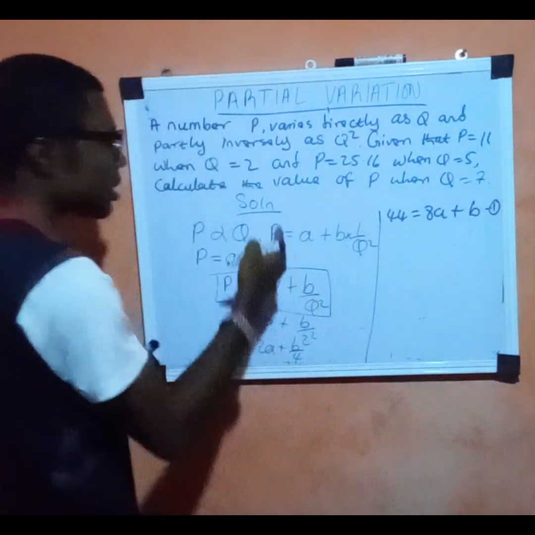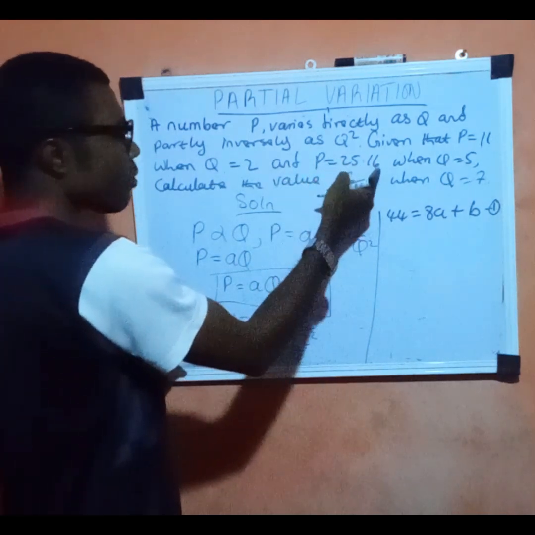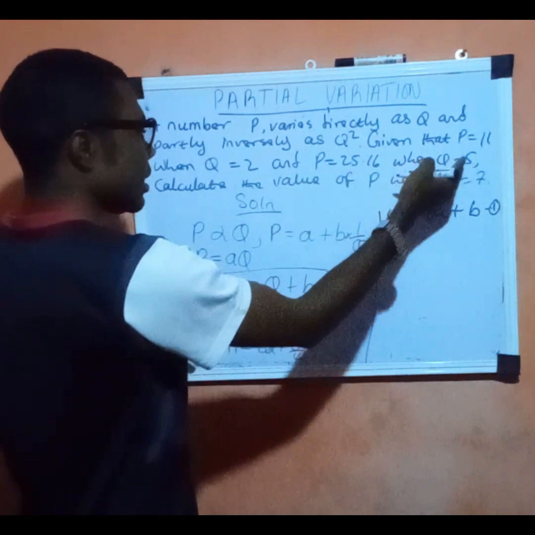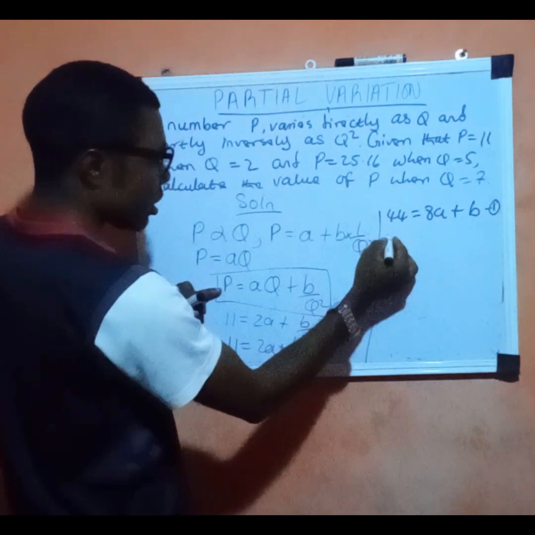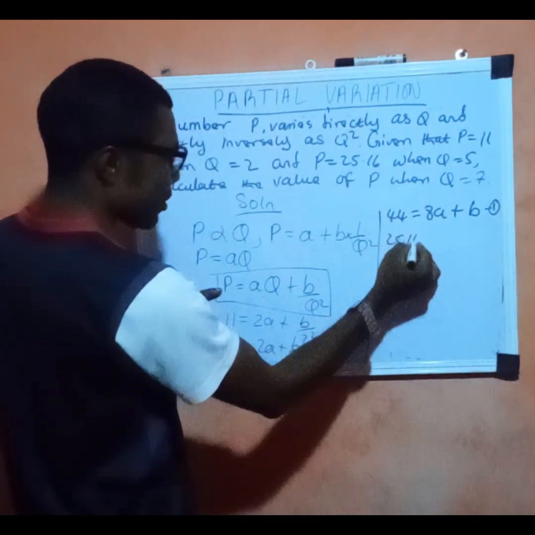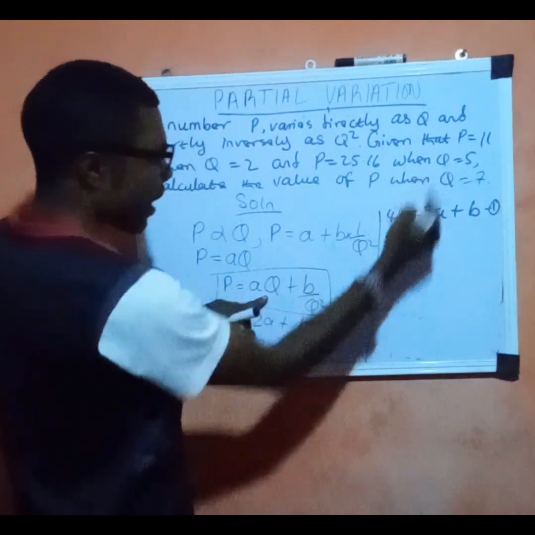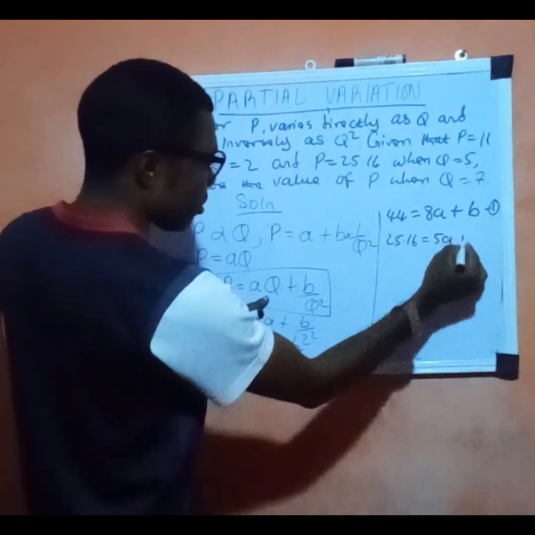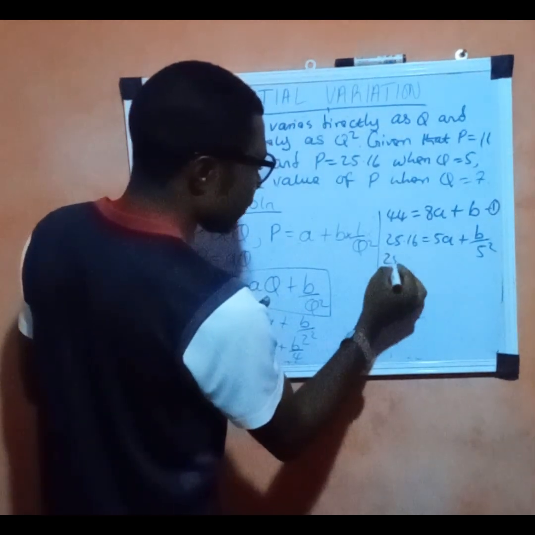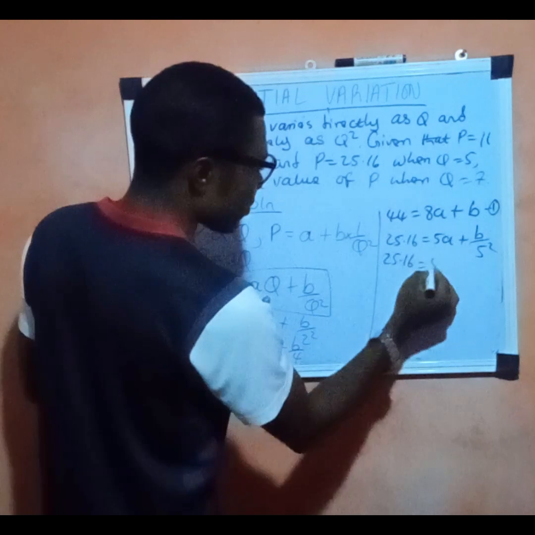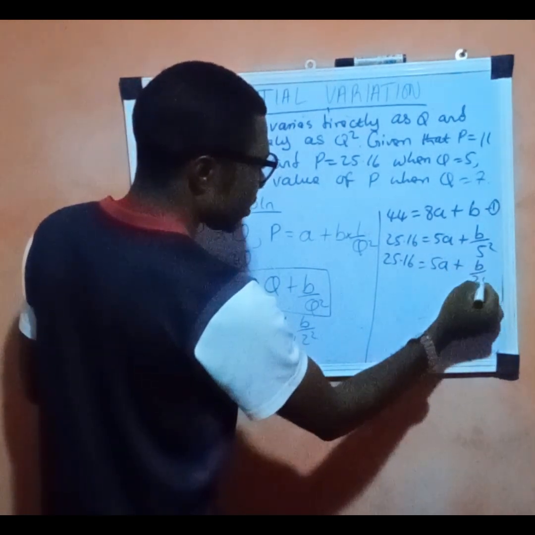Then we substitute again. They said again, P is 25.16 when Q is 5. So we have P still on the same relation as 25.16 equals AQ, and Q is what? 5. So we have 5A plus B over 5 squared. Okay, we have 25.16 equals 5A plus B over 25.